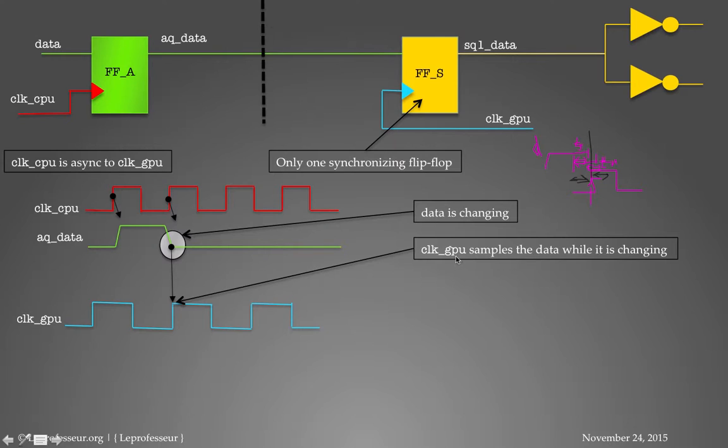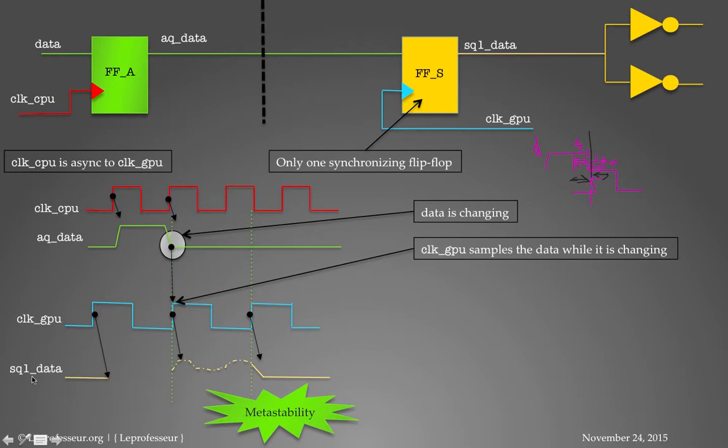In other words, we can simply say that the data is not stable when the clock is changing, while we already discussed that we have to maintain the requirement that data should not change in the setup or hold window of the flip-flop.